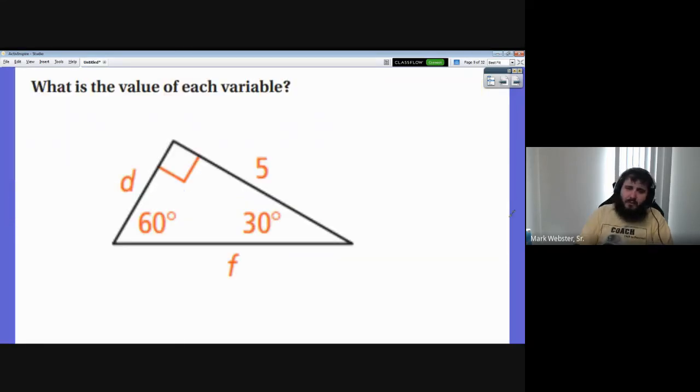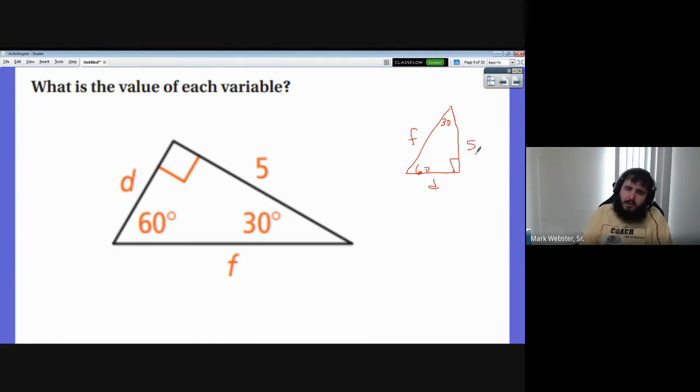Sometimes that can be confusing. If it helps you to do so, redraw your picture so that it matches what was on the example. Yeah? You don't have to, but here's some helpfulness for you.